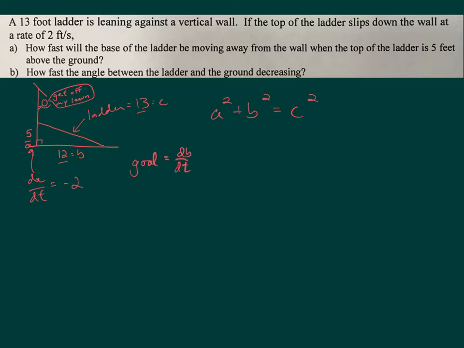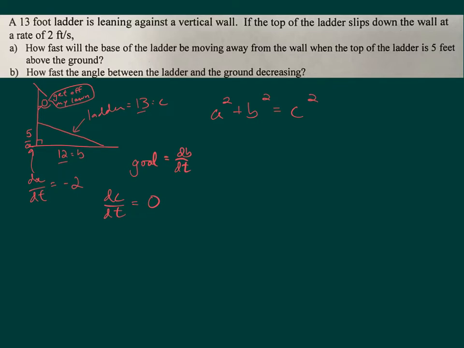And you might be wondering to yourself, well, what about dC/dt? How fast is this distance changing? The length of the ladder. Well, the length of the ladder isn't changing. It is what I would call static. It's constant. So dC/dt is 0.